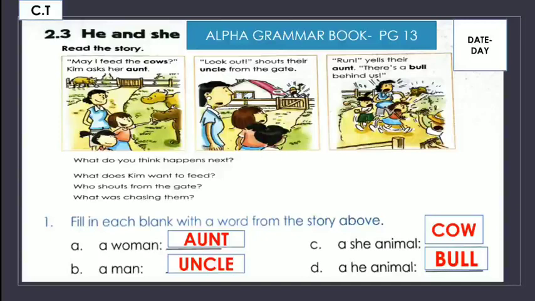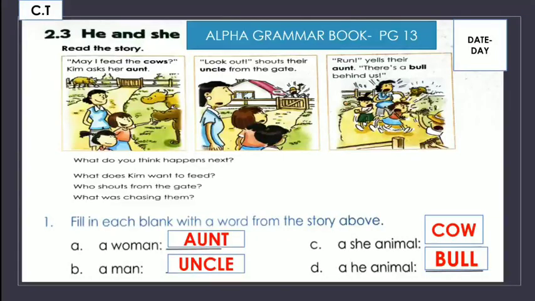So, here are some worksheets that you can do in your notebook. So, these are the worksheets of he and she. He and she. So, you have to describe who is he and who is she. So, you all are aware that we use he with the masculine gender.